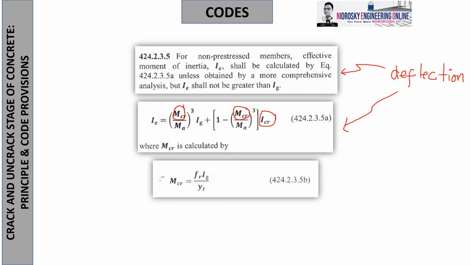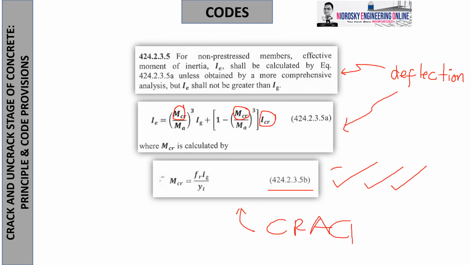So, this equation for 24.2.3.5b will be the main course of computing the capability of the concrete to resist tension, and if there's a necessity to install reinforcement. The main reason is, of course, one of them, the occurrence of cracks.